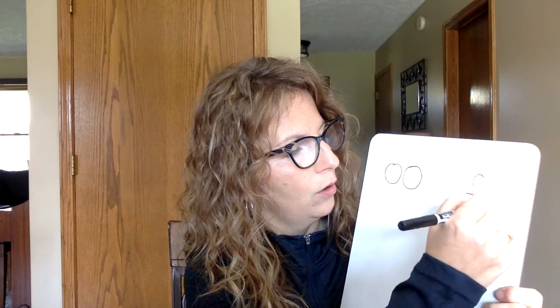Our first week, second week, I think it was the first week on your video, you reviewed one way to make the oo sound, and the way that Miss T reviewed with you was OO, okay, like in the word fool.